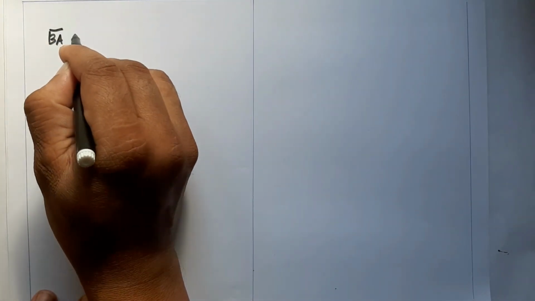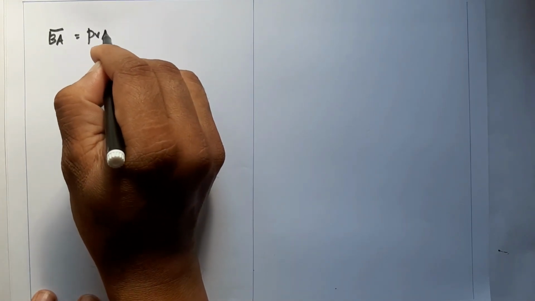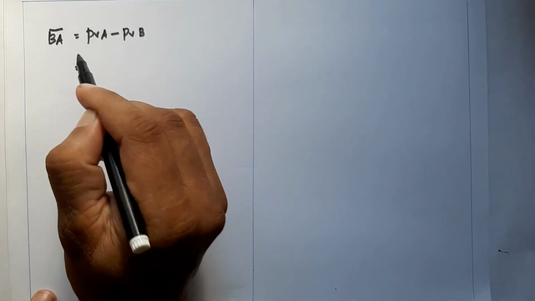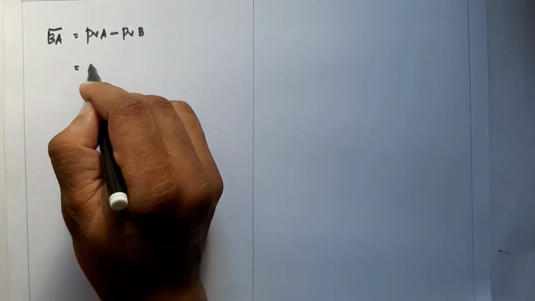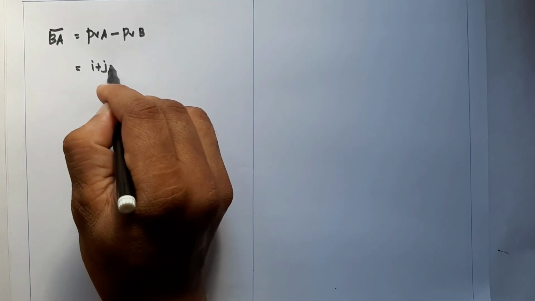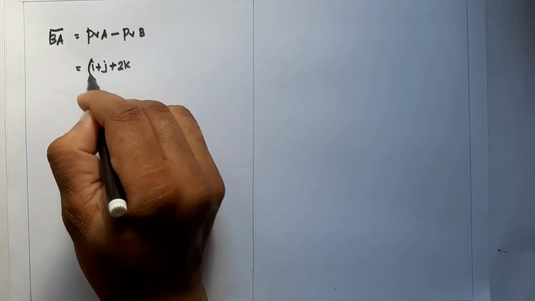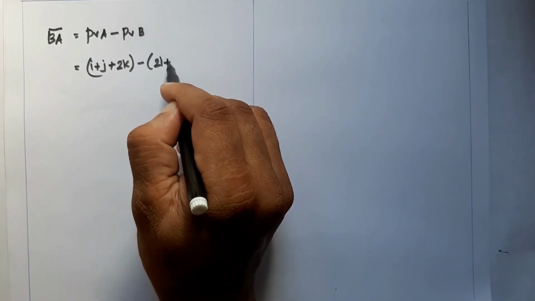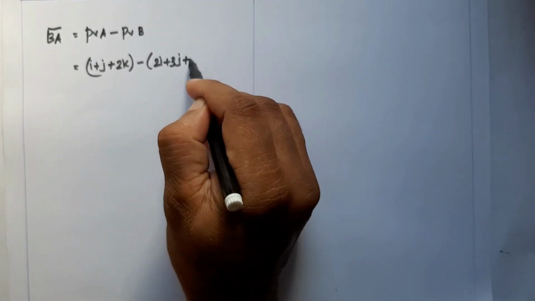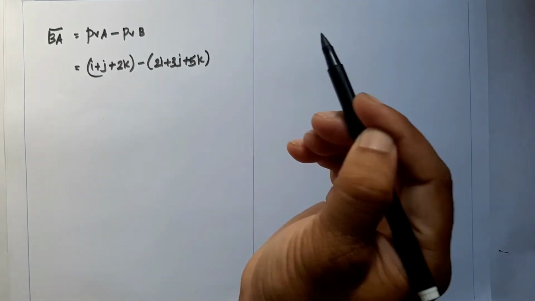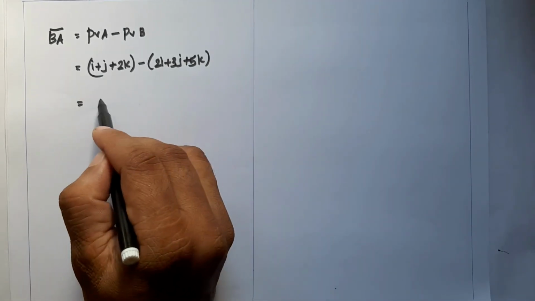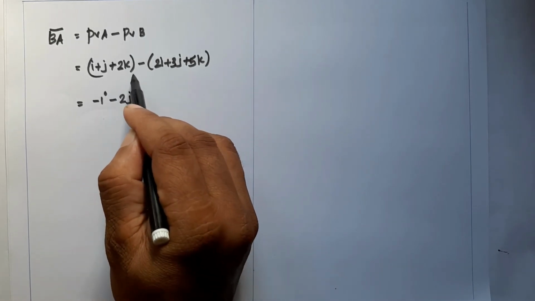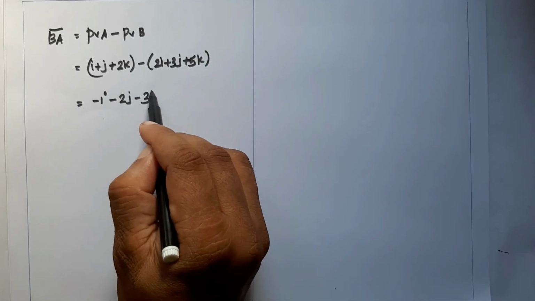Vector BA is equal to the position vector of A minus the position vector of B, which is I plus J plus 2k minus 2I plus 3J plus 5k, equal to minus I, minus 2J, minus 3k.